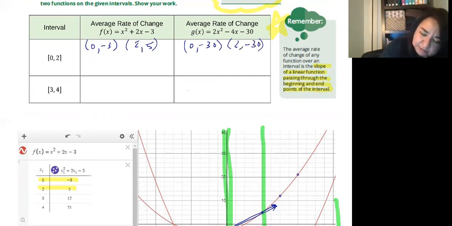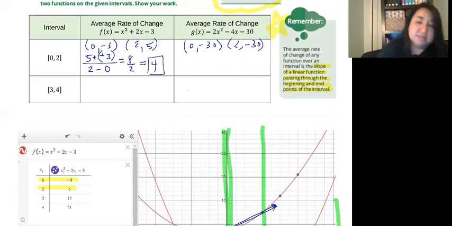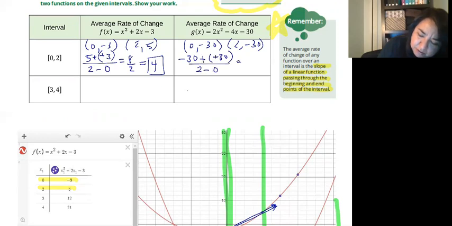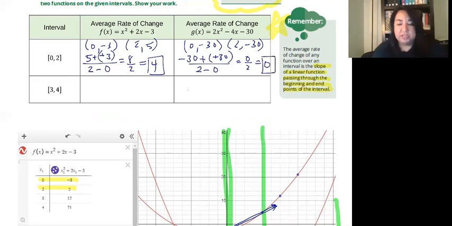Remember, it's just like the slope formula. So if I do my change in my outputs over my change in my inputs, then f of x has an average rate of change of 4. And when I do the same for g of x, I get an average rate of change of 0.